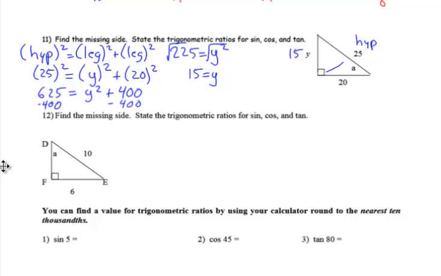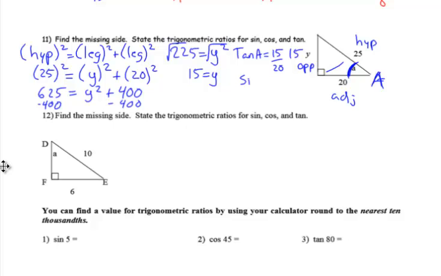And then state the trigonometric ratios. Now, what it tells us here is it's for this angle. It doesn't really say that clearly, but let's call it angle A with a capital letter. And so here again, we've already got our hypotenuse. Again, the other side that it touches is the adjacent, leaving us left with the opposite. So the tangent of A, tangent is Tom's old aunt, 15 over 20.